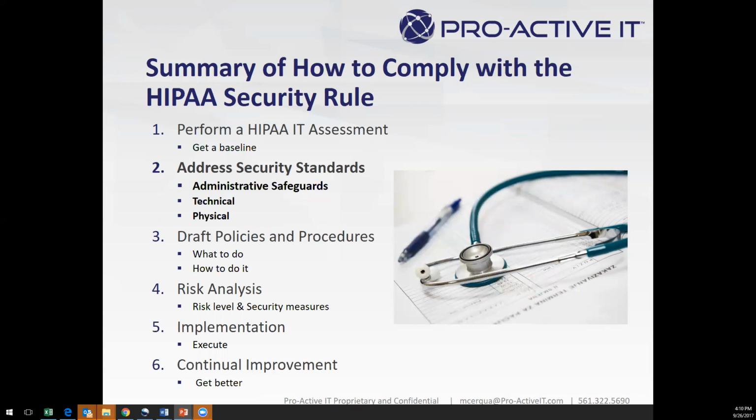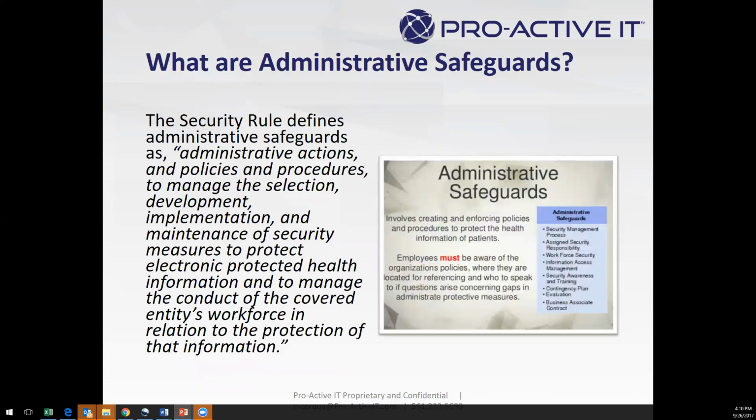Administrative safeguards, you can read the definition here for yourself, but basically, these are administrative actions you can take to ensure that the security measures you've put in place are managed properly, and also how your staff is managed and trained to protect electronic patient records.